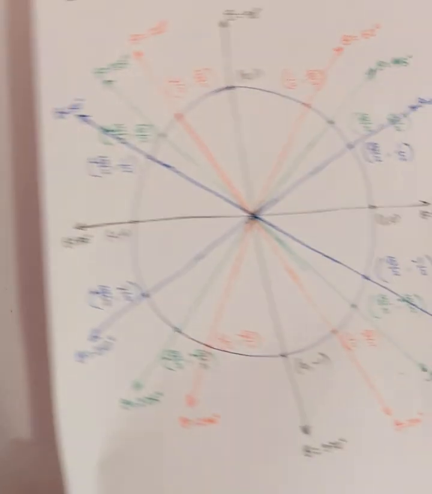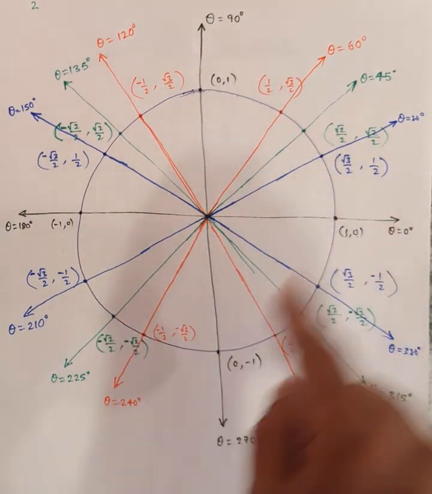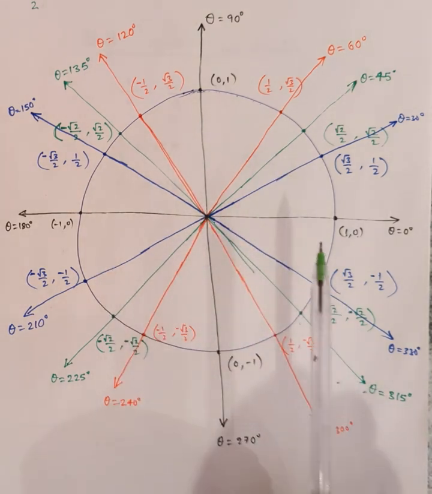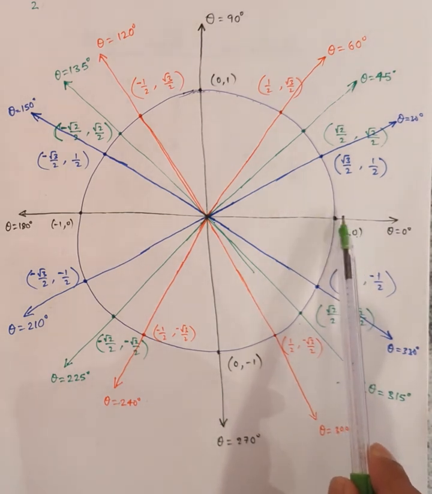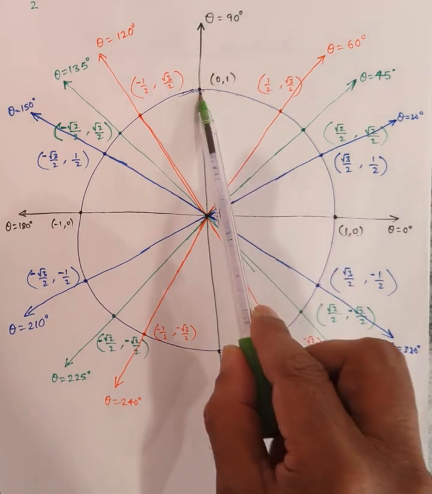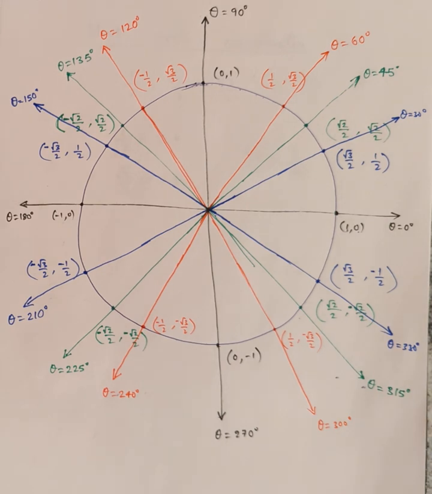So here is how you would construct the unit circle. Once you're given the unit circle, you know that the center is at the origin and this unit circle has radius 1. So you can get these 4 points on the axis. This is 1, 0, that's 0, 1, that's -1, 0, and that is 0, -1.